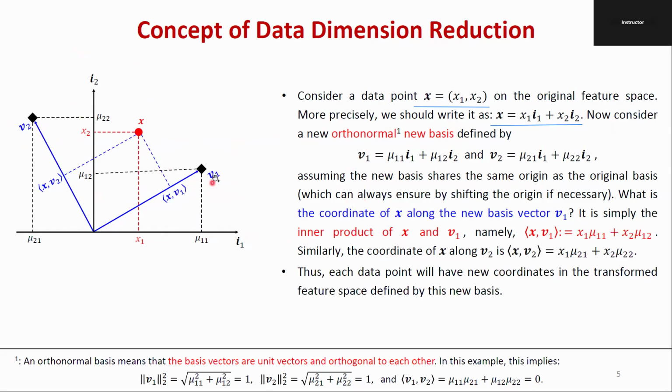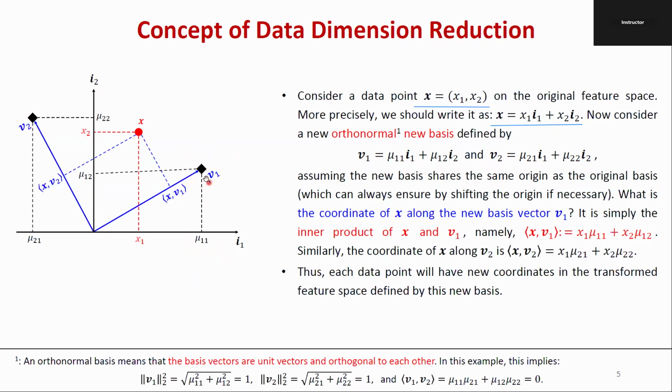So I write v1 equal to mu11 I1, which means the coordinate of this unit vector v1, if I project it onto I1, which is the original basis, is mu11. Similarly, projecting onto I2 gives mu12. So I can write v1 equal to mu11 I1 plus mu12 I2. And similarly for v2, I can have v2 equal to mu21 I1 plus mu22 I2.